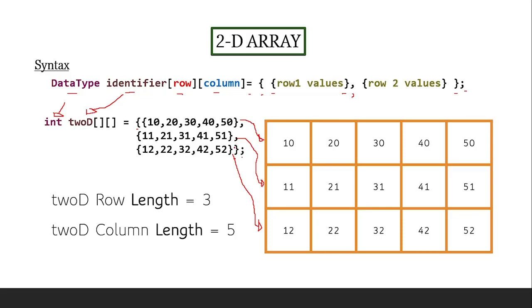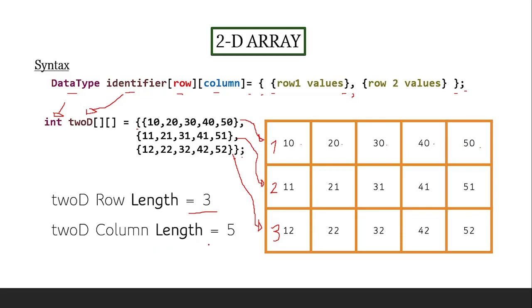So ngayon, meron tayong row and column. So meron din tayong tinatawag na row length and then column length. So for our row length, we just need to count kung ilang rows ba yan. 1, 2, 3. So meron tayong 3 rows. That's why our row length is 3. And then our column length naman is 1, 2, 3, 4, 5.